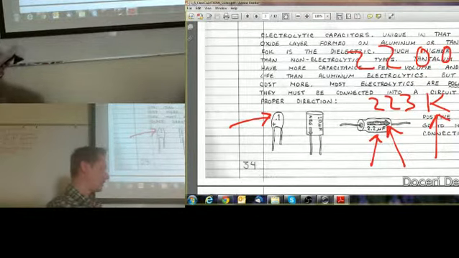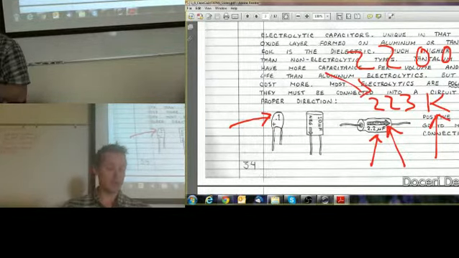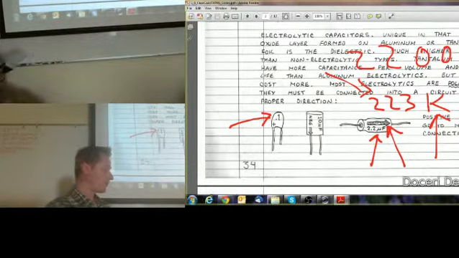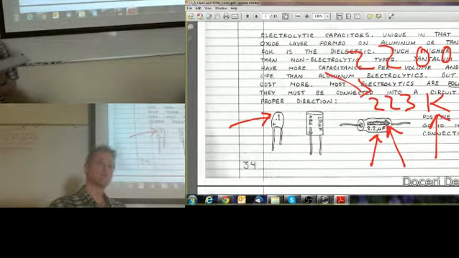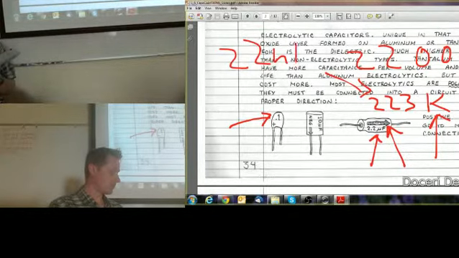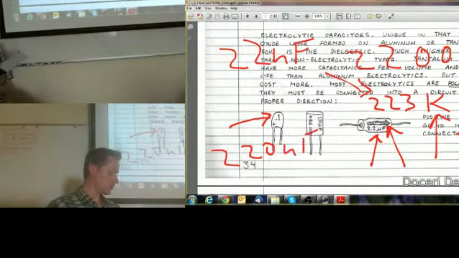So a 223 marking on a capacitor means 22,000 picofarads, which is the same as what? 22 nanofarads. Okay. What would a 224 be? Well, you're adding 1 zero, so it would be 220 nanofarads.